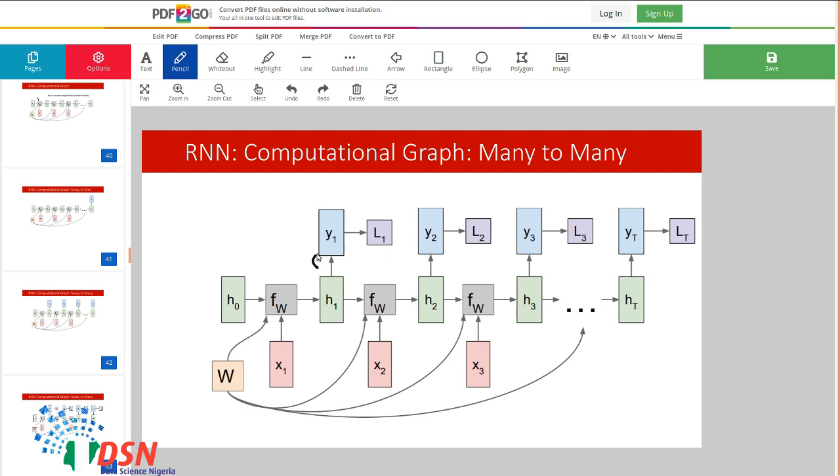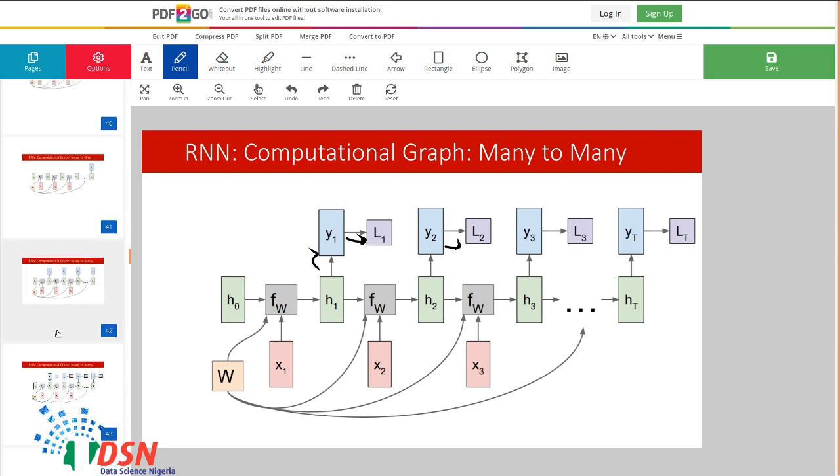So if we want to train the model, we have a loss for the first output, and for the second time step we have a loss based on the difference between the ground truth in the second step and the output of our model.